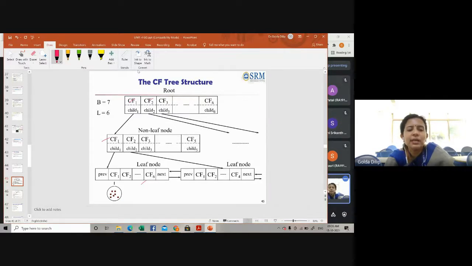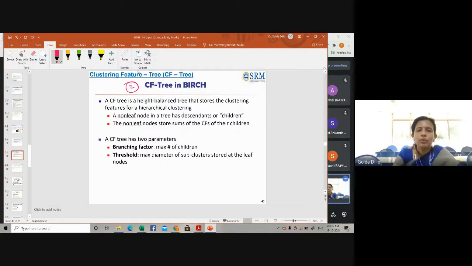This CF tree has two parameters: the branching factor and the threshold value. Branching factor means the maximum number of children per non-leaf node.